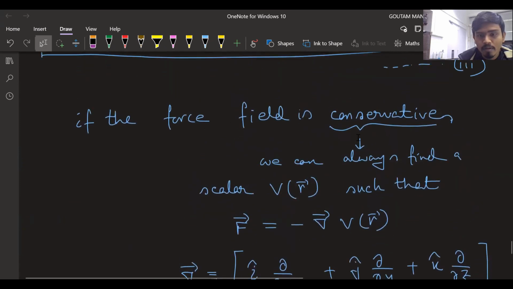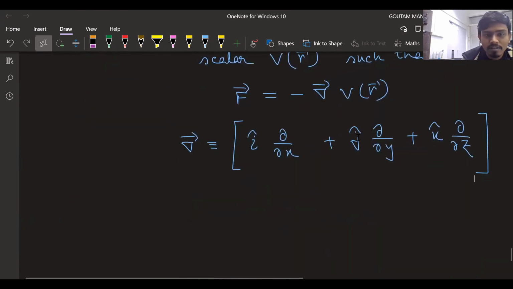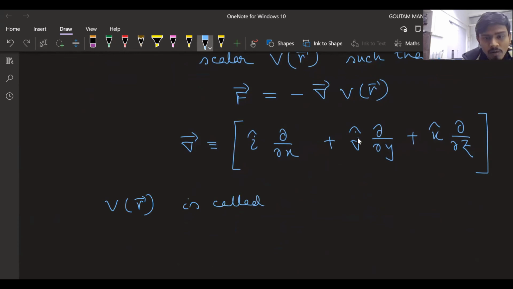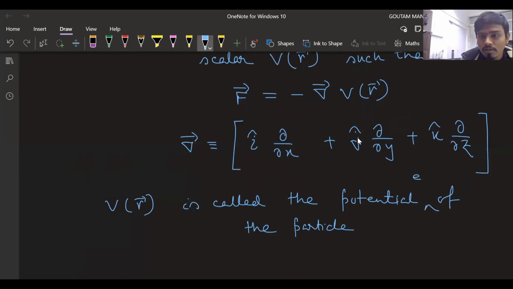So this scalar function V is called the potential of the particle, the potential energy of the particle at r.